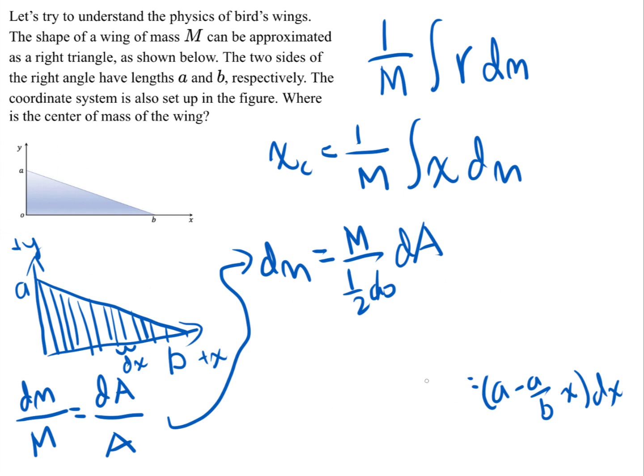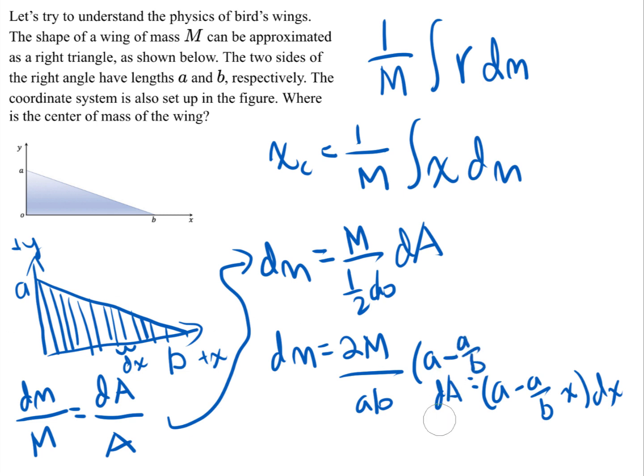And again, we also calculated that dA is equal to (a minus a over b x) times dx. So dm is going to be equal to 2 times the total mass divided by a times b, and then we're going to substitute our value for dA, which is a minus a over b x.